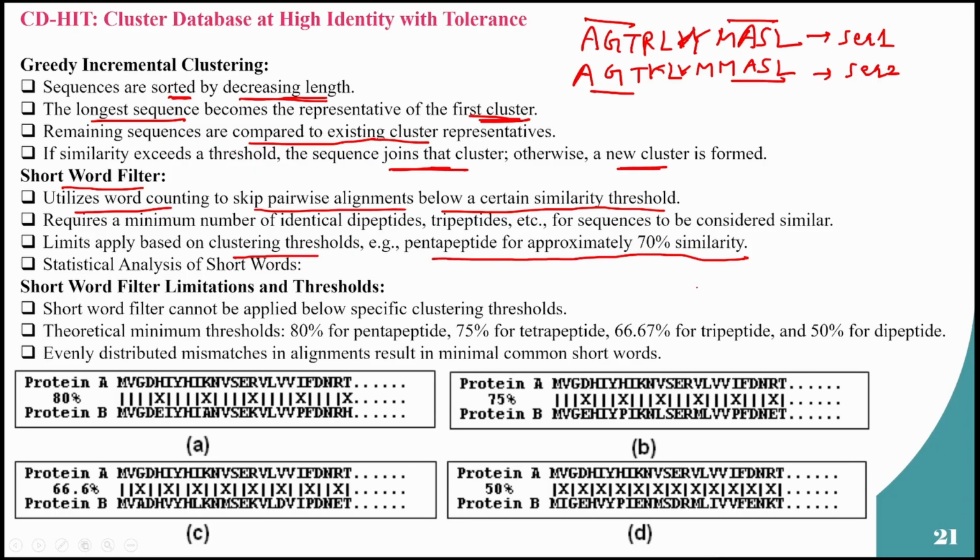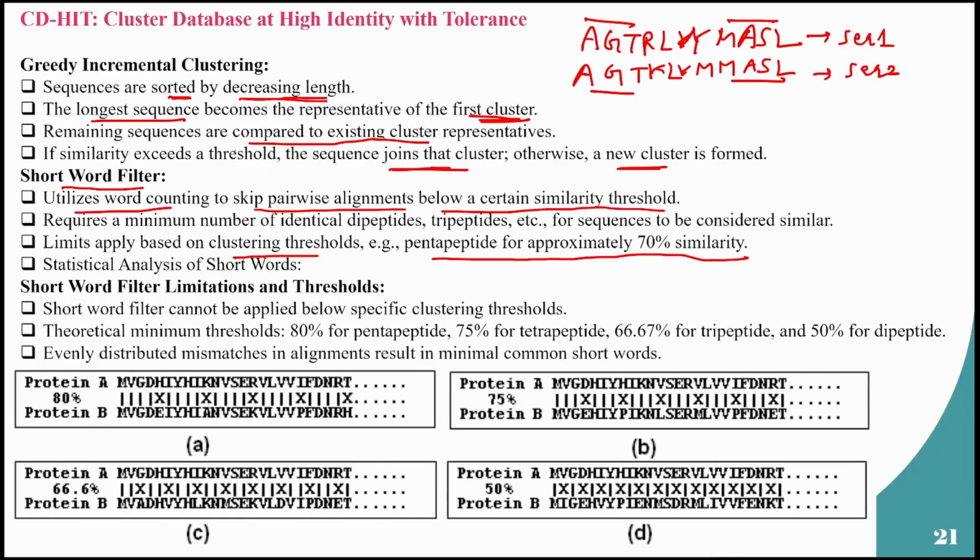Basically, there is some statistics here. For example, if you have 80% identity between two sequences, you will find that a certain number of words are always matching.